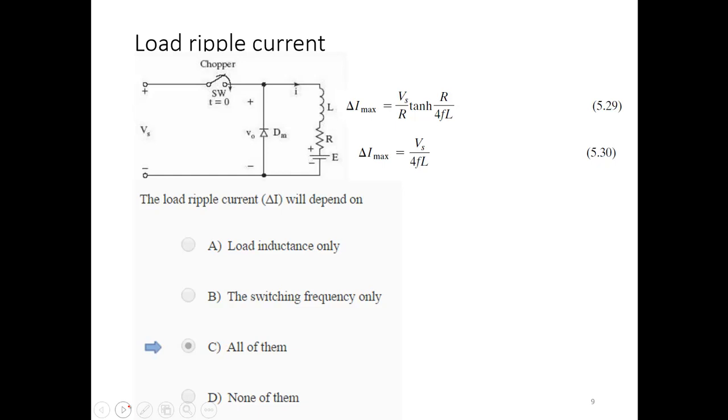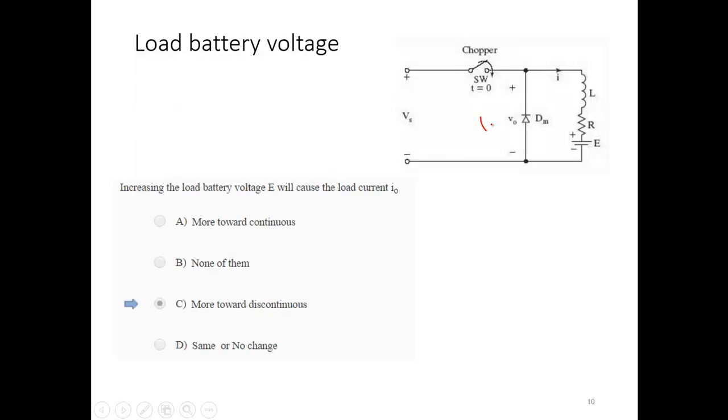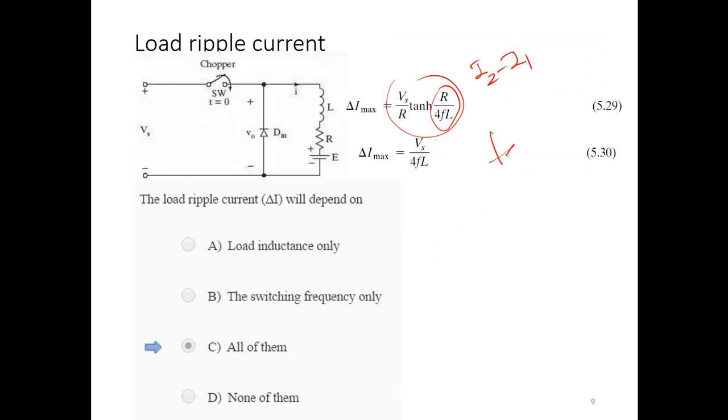You can show that the ripple current between I2 and I1 is a tangent function. But normally that argument, R by 4F L, is small, so you can say that tan of theta is approximately equal to theta as long as it is a small value.